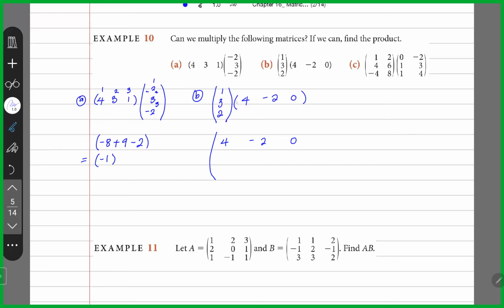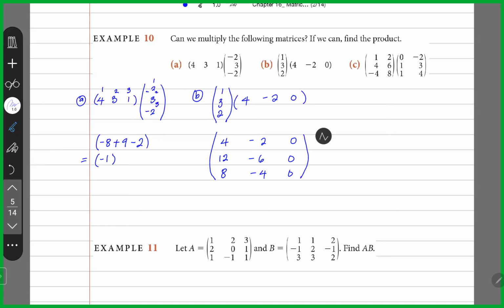Second row, first column, 3 by 4, we get 12. Second row, second column, 3 times -2, we get -6. Second row, third column, 3 times 0, we get 0. Now, the final row, third row, first column, 2 times 4 is 8. 2 times -2 is -4, and 2 times 0 is 0.